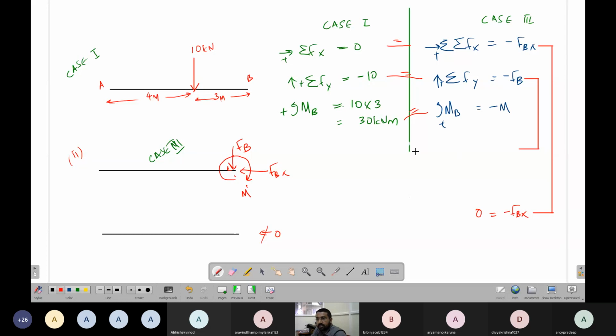Okay. So minus 10 equal to minus FB. So FB is equal to 10.